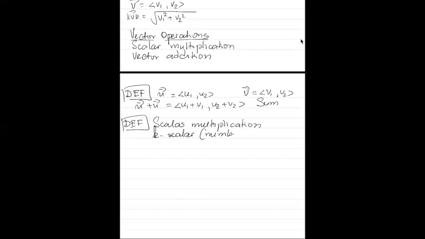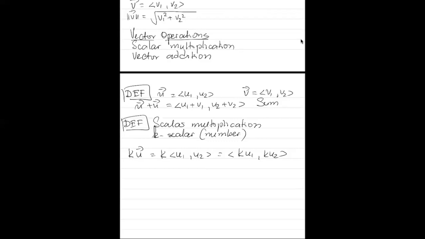That's what scalar means, a real number. Then k times the vector u is equal to k times the component form of our vector, u1, u2. So that is k u1, k u2.